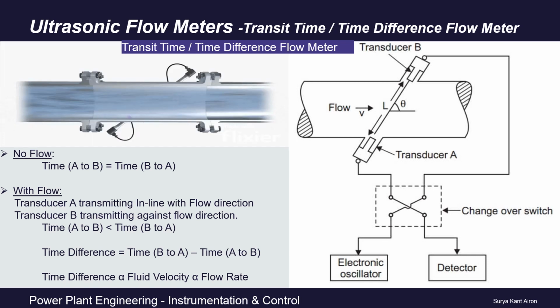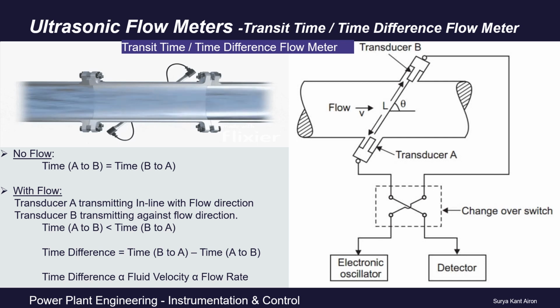Thus, it's clear that the time for the wave to travel from B to A will be higher than the time for the wave to travel from transducer A to B, because one is against the fluid flow and the second one is with the fluid flow.